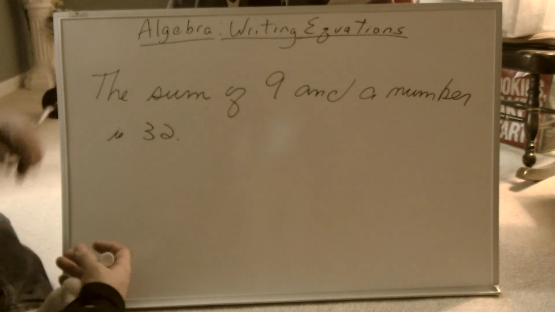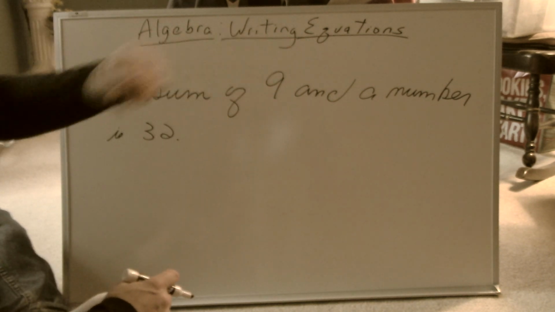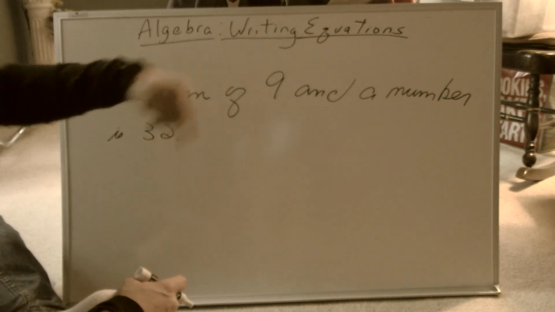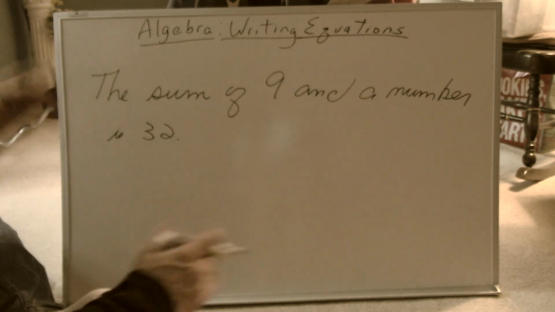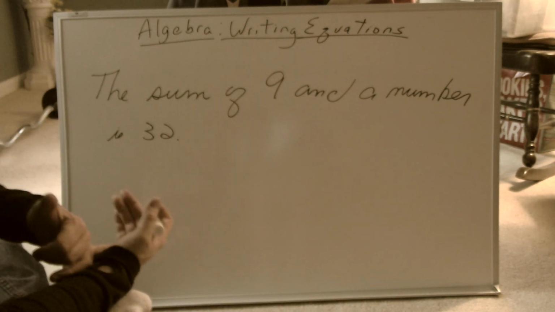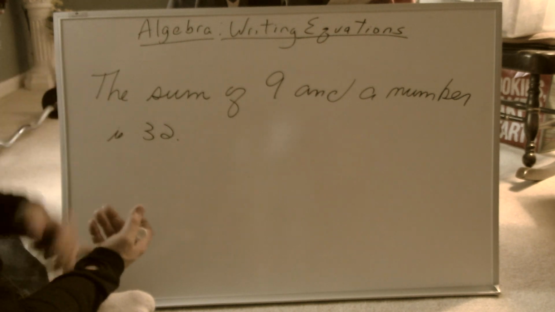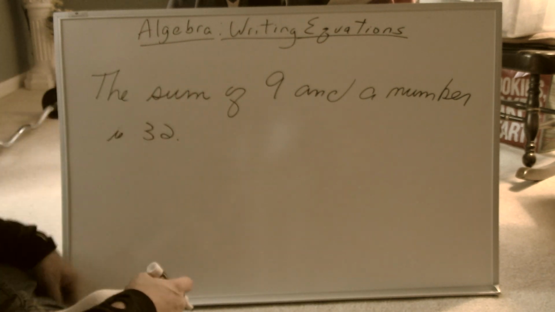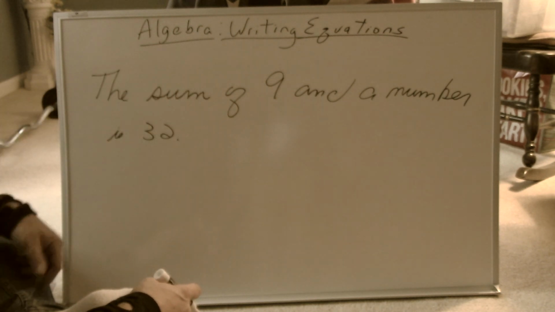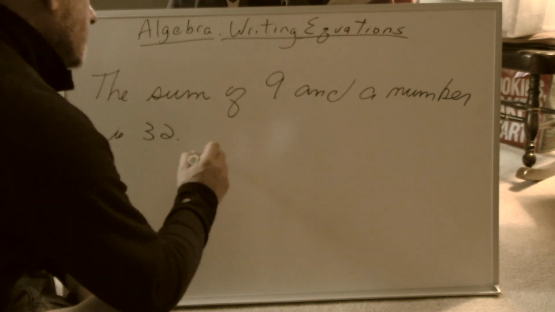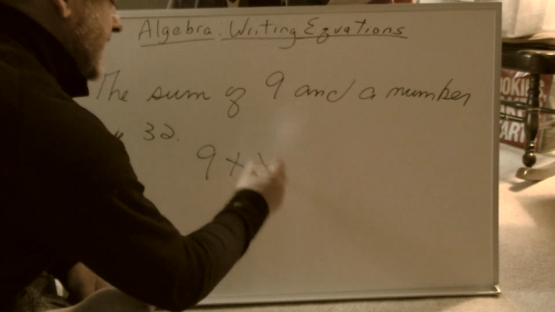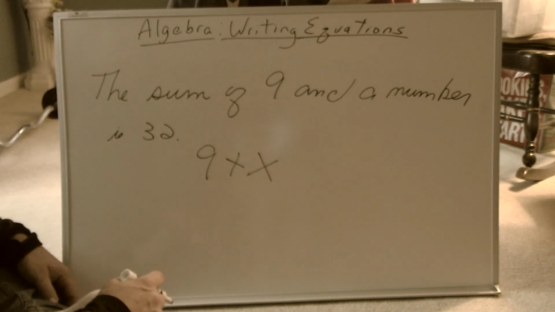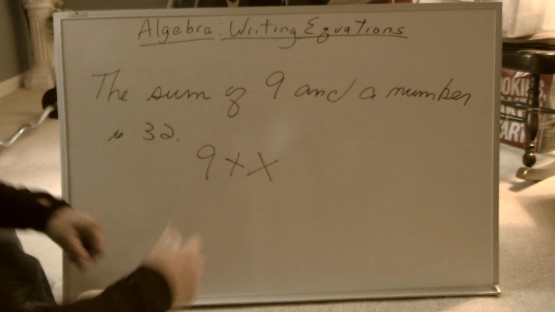Now, notice in this case, I didn't define what the number was. The book didn't put an x or a y. And that can happen. You might not have the variable, and then you make one up, and that's okay. The sum of 9 and a number. Sum means addition. So it's 9 and a number. I'm going to use x because that seems to be the most popular one. 9 plus x is 32.